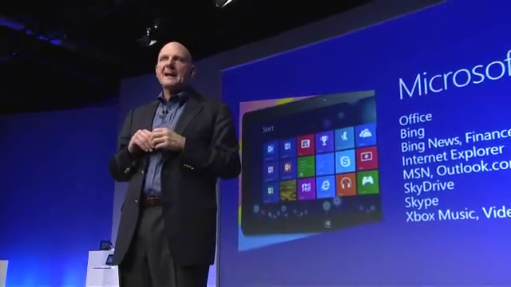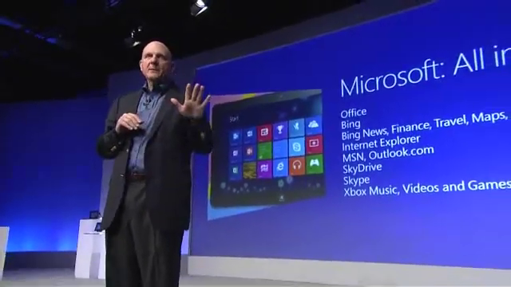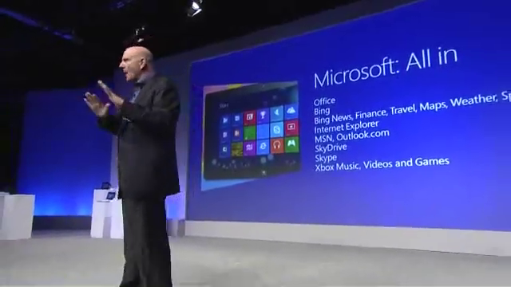Windows 8 also needed a first-class search experience. So we built in Bing Search, and we designed a beautiful Bing search application. And for people who just kind of want to browse and get a quick view of the world, we've included applications that keep you up to date on everything that's happening on the web. Right out of the box, you'll find gorgeous applications built on Bing. We call them the Bing apps.